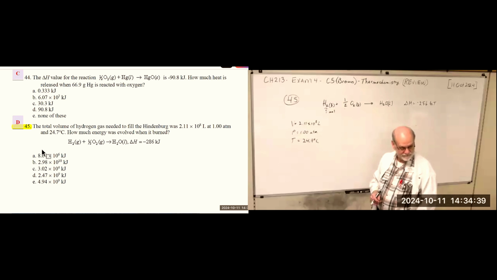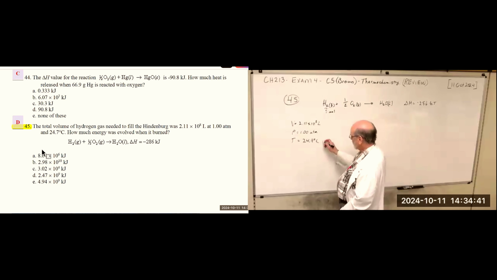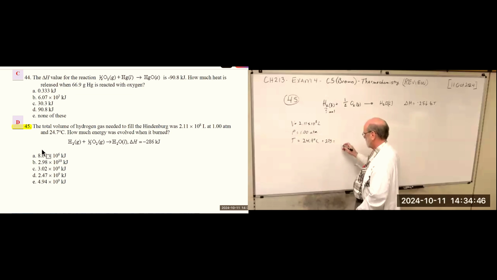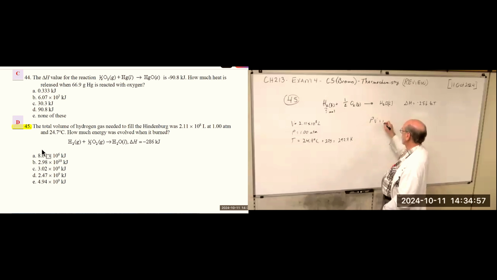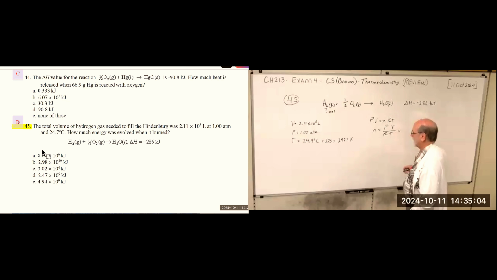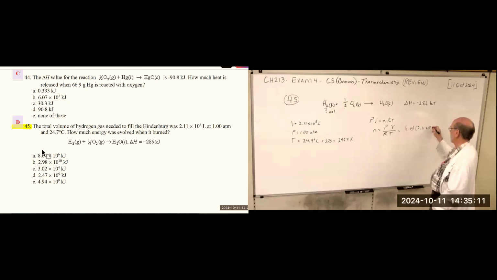Ideal gas equation. Okay. So if we do that, that means this one has to be converted to K. So that would be 297.7 K. And PV equals nRT, and number of moles equals PV over RT. Okay. Pressure is 1 atmosphere. Volume is 2.11 times 10 to the 8th liters.